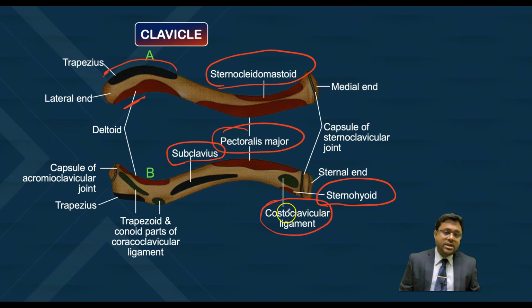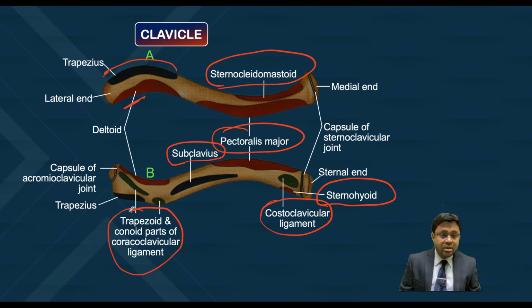So costoclavicular ligament and sternohyoid close to the medial end, subclavian groove in the middle of the shaft, and along these two features, the tubercle and the ridge, we see the attachment of the conoid and trapezoid parts of the coracoclavicular ligament that affixes the clavicle with the coracoid process of the scapula.